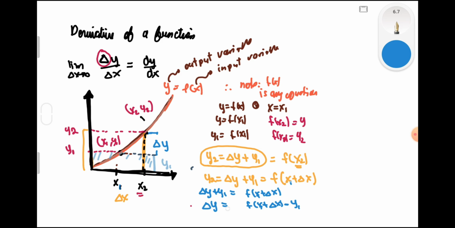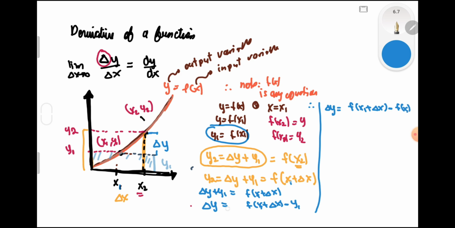But what is my y sub 1? Take note that our y sub 1 is equal to our f of x sub 1. So therefore I may say that our delta y is equal to f of x sub 1 plus delta x minus f of x sub 1.